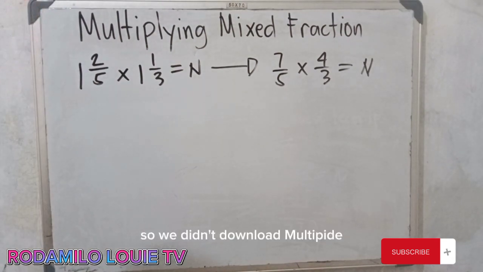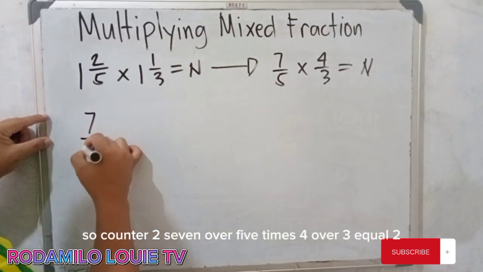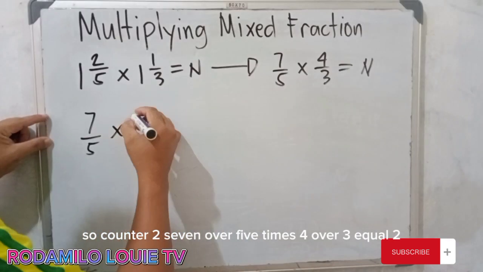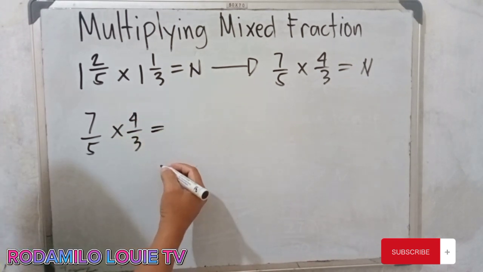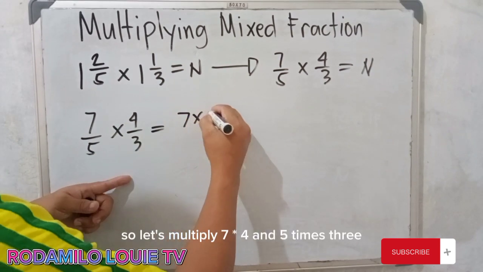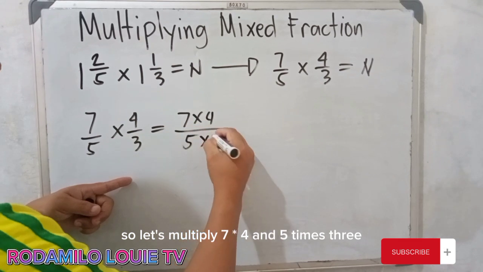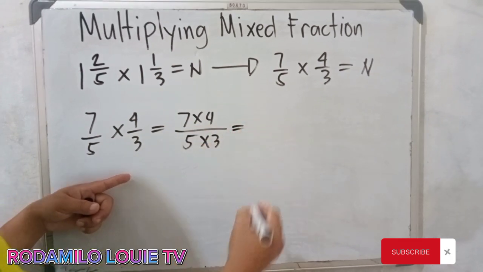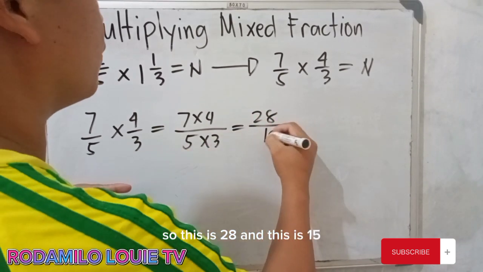So, pwede na tayo mag-multiply. So, let's multiply 7 times 4 and 5 times 3. So, this is 28 and this is 15.